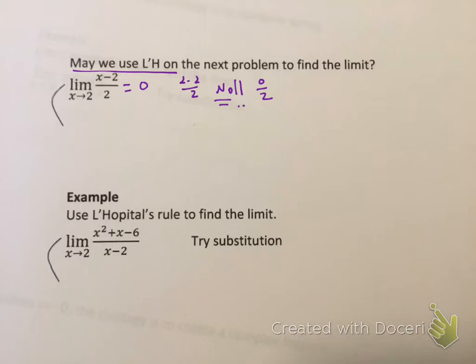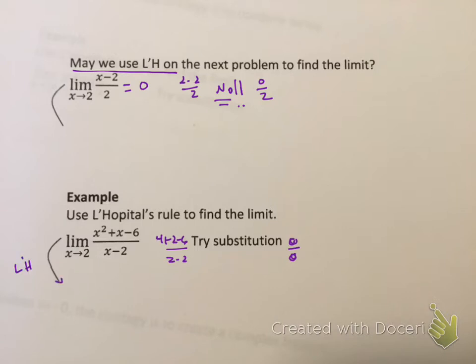And then as far as this one's concerned, if you were to do this by substitution, and you can, you'd end up with 4 plus 2 minus 6 over 2 minus 2. And that's going to give you a 0 over 0. We did this another way. We factored, but you could apply L'Hopital's rule to this thing.